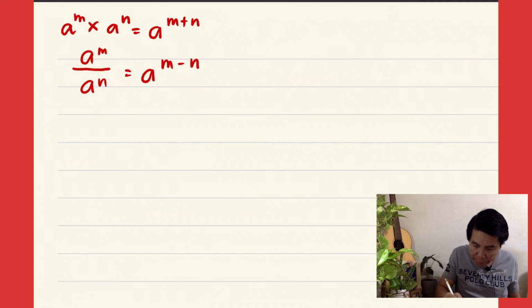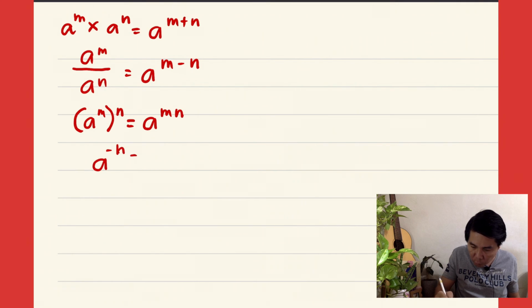If we have a raised to the power of m raised to the power of n, it is equal to a to the power of m times n. If we have a raised to the power of negative n, it is equal to 1 over a raised to the power of n.